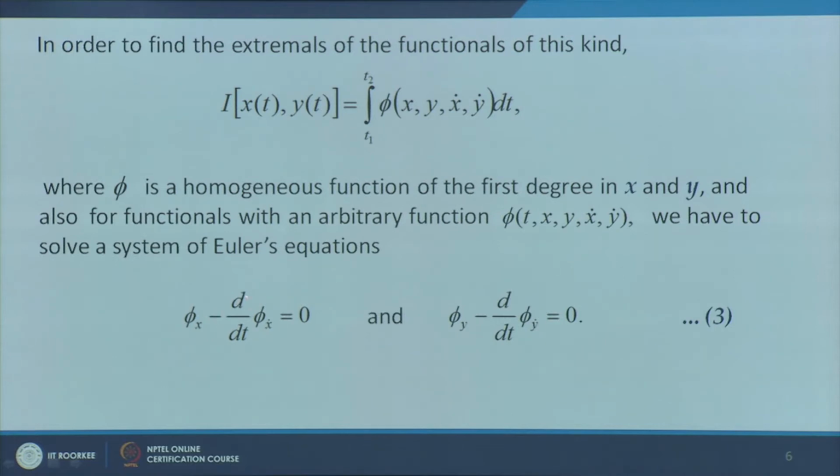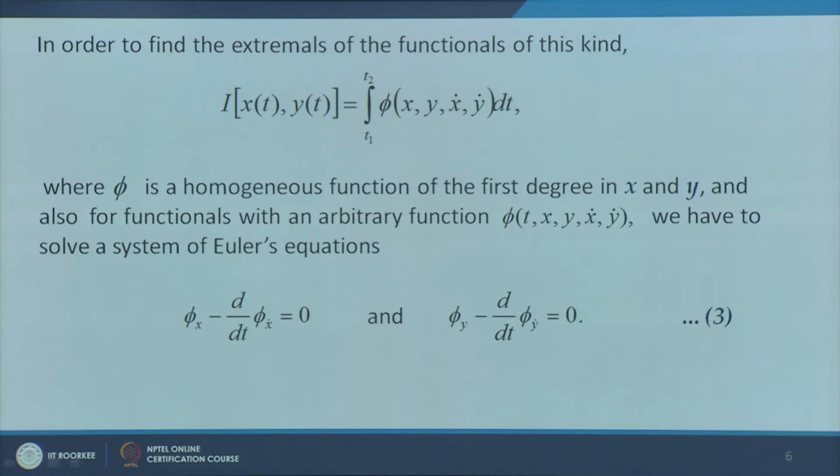So phi x minus d over dt phi x dot equals 0, phi y minus d over dt phi y dot equals 0. But here, because t does not occur explicitly and phi is a homogeneous function of degree 1 in x dot and y dot, the two Euler's equations are not independent of each other.